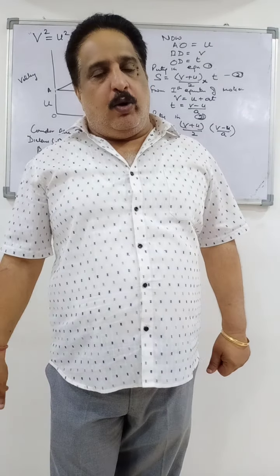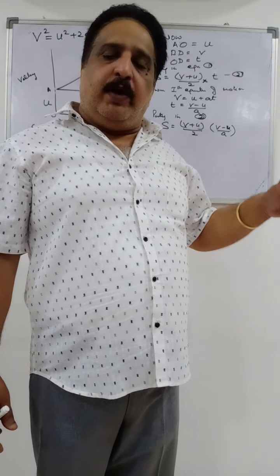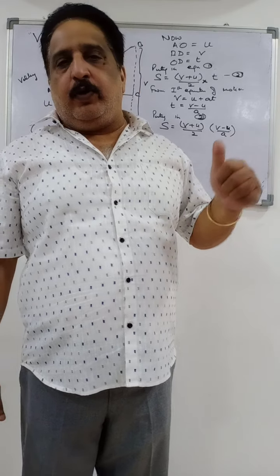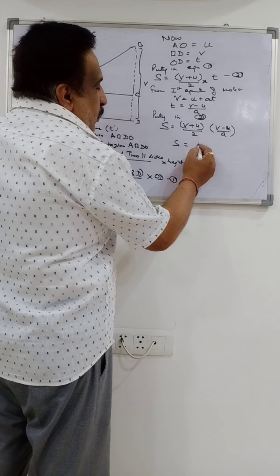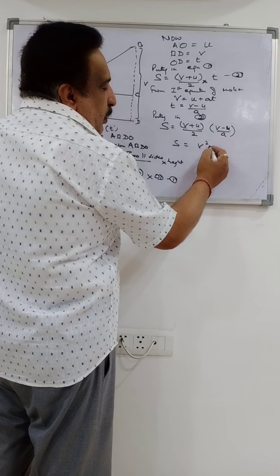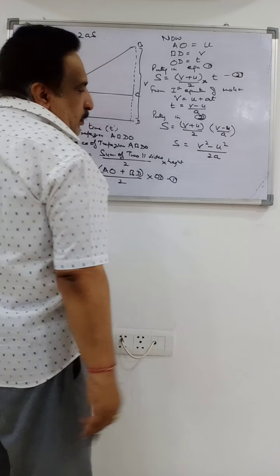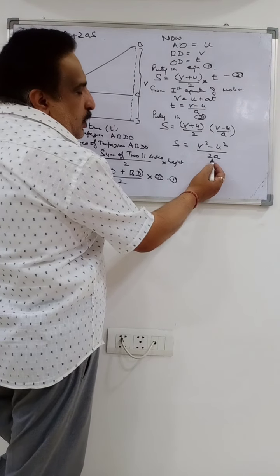Algebra, I hope you know the formula of this. A square minus B square is equal to A plus B into A minus B. So S will be V square minus U square upon 2A.